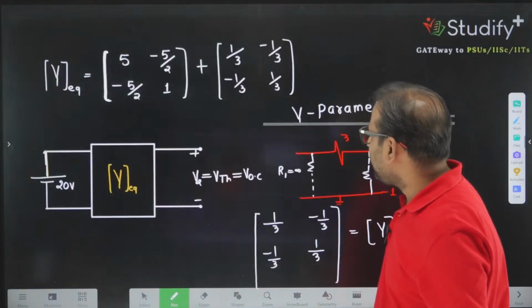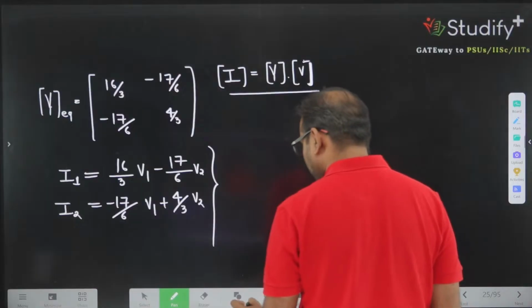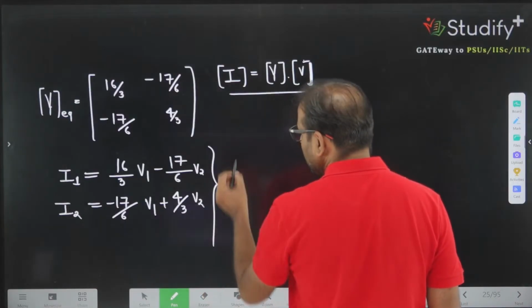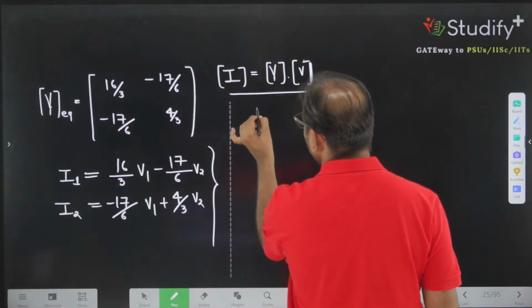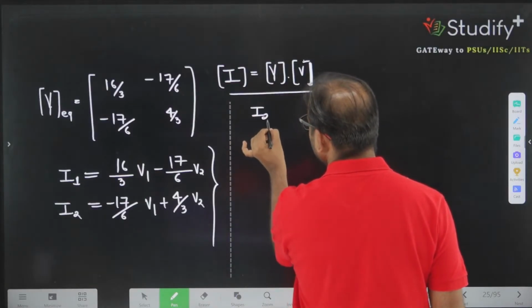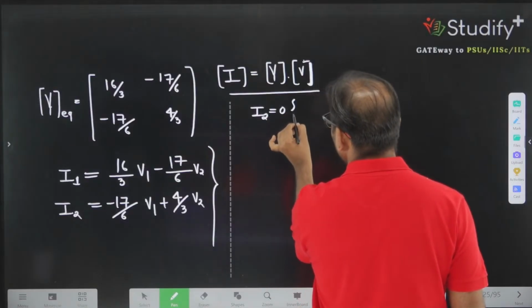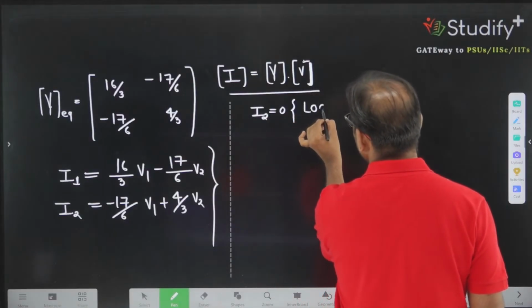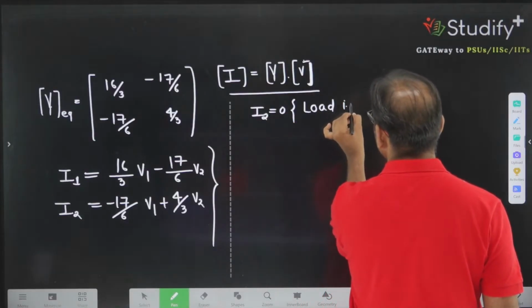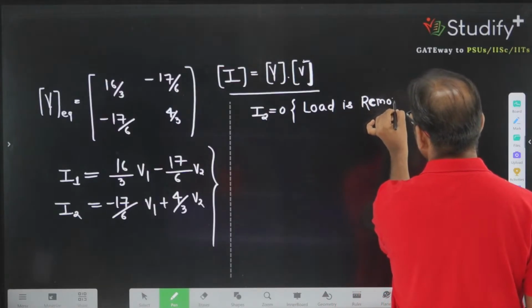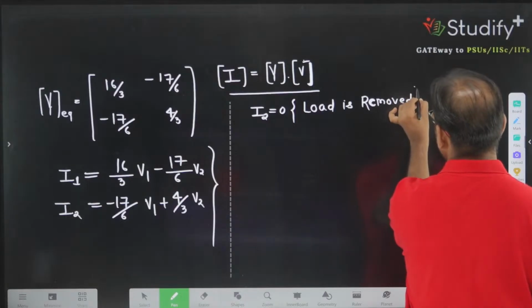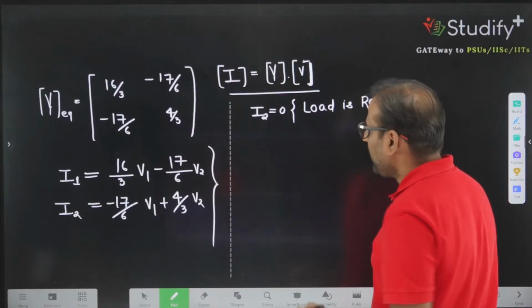So can I say, to calculate the Thevenin's equivalent, what is the story? If I make I2 equal to 0, I2 equal to 0 means load is removed. Then V2 will be what?